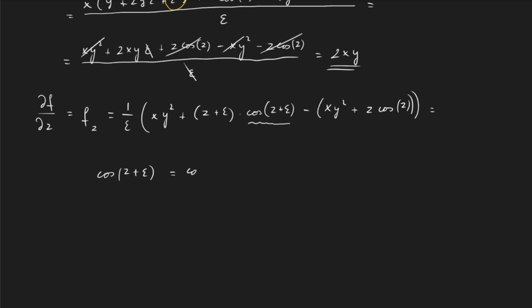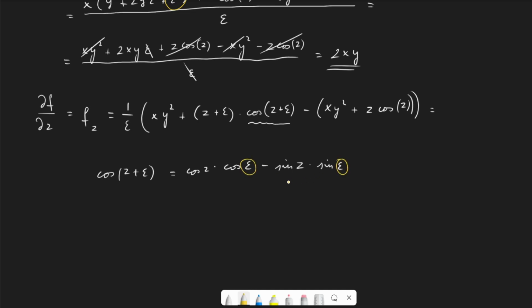And this is cosine of z times cosine of epsilon minus sine of z times sine of epsilon. And don't forget that our epsilon value is much less than 1. This is why cosine of epsilon can be approximated with 1. And here we have sine of epsilon.